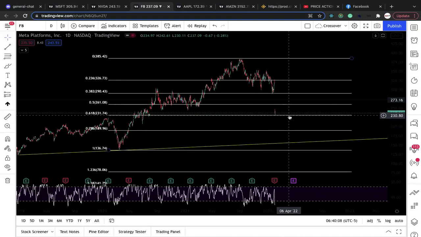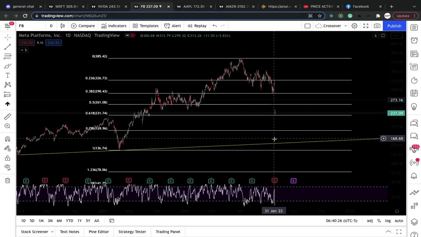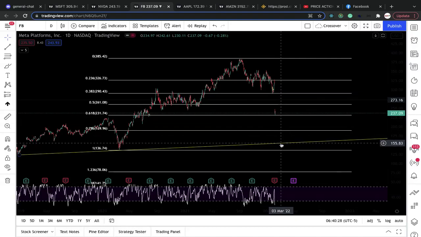I will switch my sentiment to bearish if we lose 231.74. If we lose the 61.8 retracement, it is most likely we're going to head down to the next level, the 78.6 retracement at 189.96. And if that is lost, we have a critical support level down here, this yellow support line right here around 155.